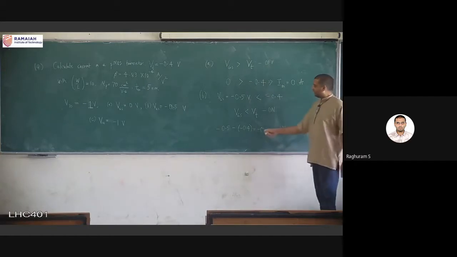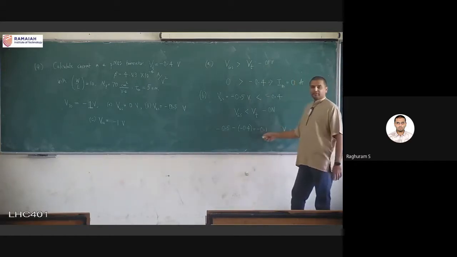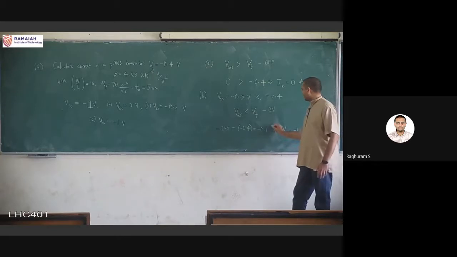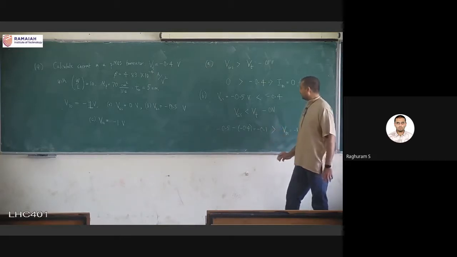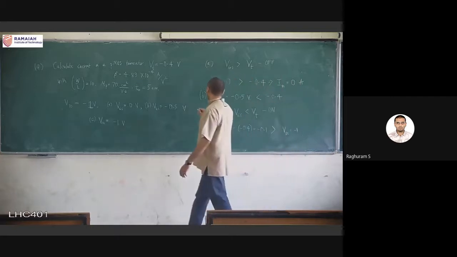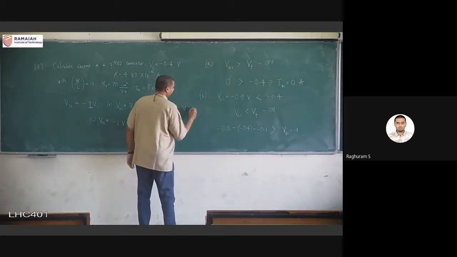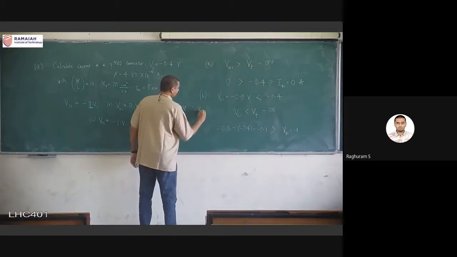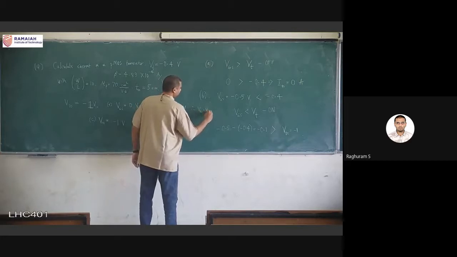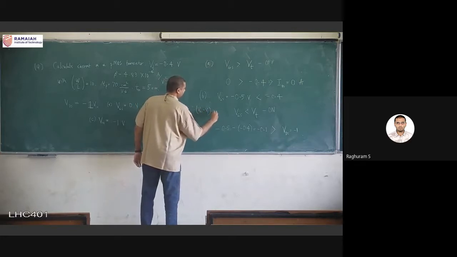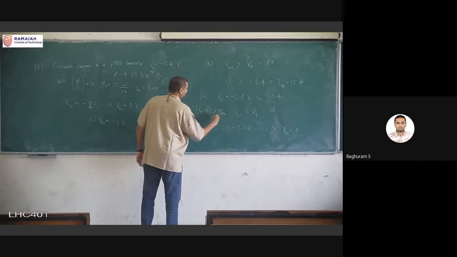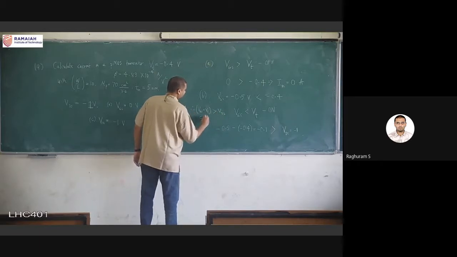VGS minus VT is minus 0.1. So which is greater than which? Definitely VGS minus VT, minus 0.1, is greater than minus 1. Therefore, I can write that as VGS minus VT is greater than VDS.